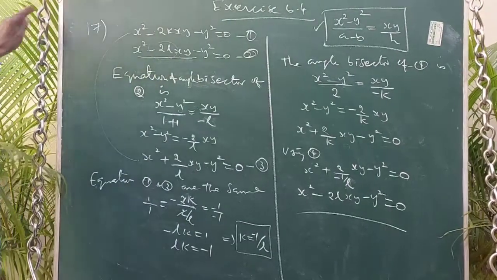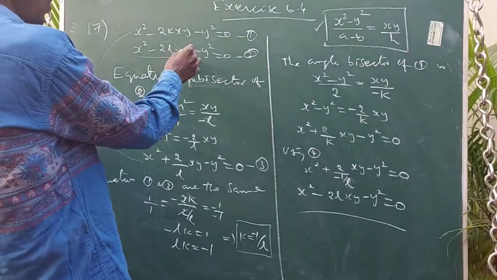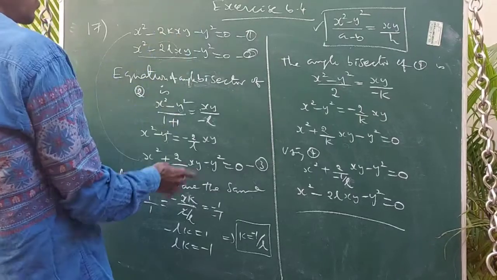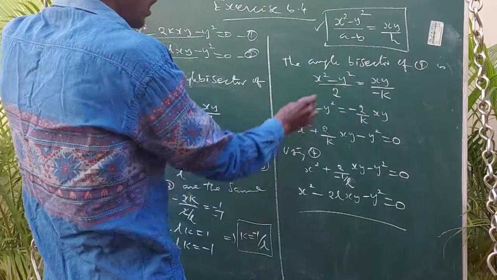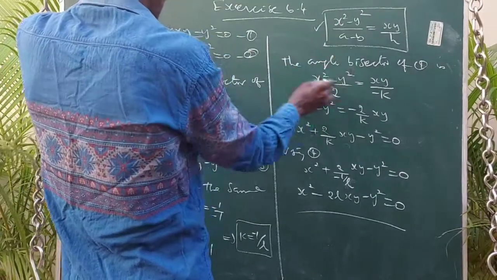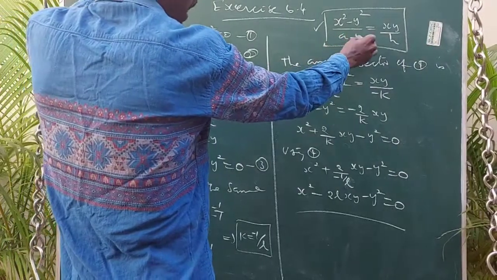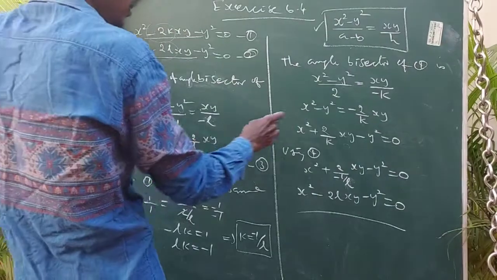Keep this one. Now our aim is to show that the second one is the angle bisector of the first one. Find the angle bisector of the first one using this formula. (x² − y²)/(a − b), here a is 1, b is −1, so 1 minus of minus 1 becomes 2, and 2h = −2k, h = −k.